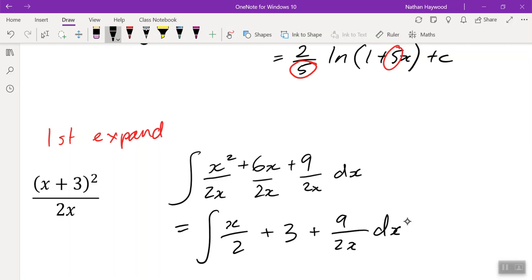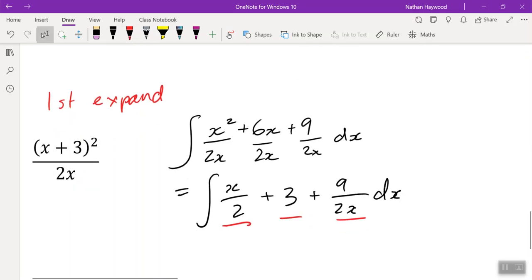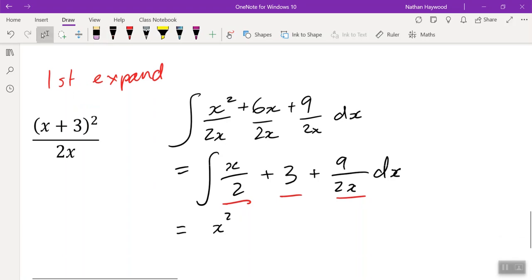Okay, so then you just, hopefully you remember this, you integrate each term individually. How do you integrate the first one? What's the integral of x? The integral of x over 2, x cubed, x squared. So add 1 to the power, divide by that power.